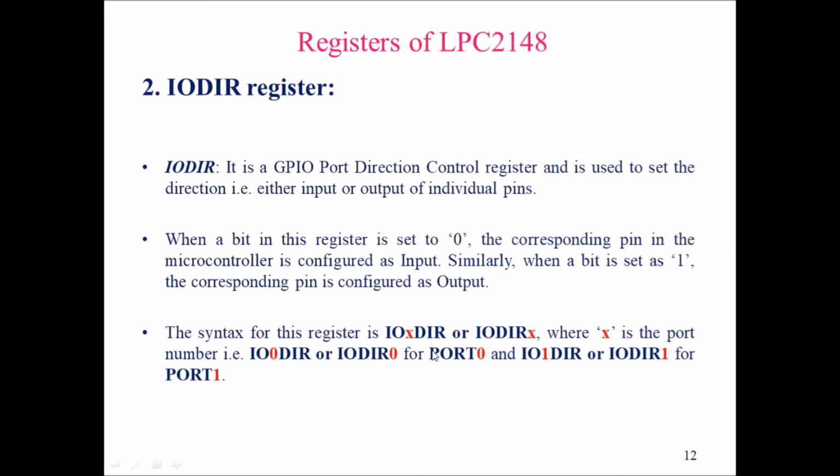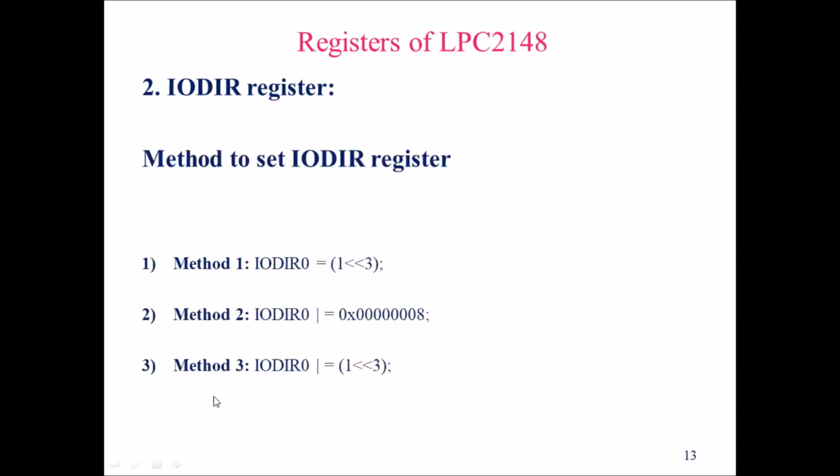If you are executing this instruction for port 0, then X should be 0. Otherwise, if you are executing it for port 1, then X should be 1. So IO1DIR, or you can also represent this as IODIR1, for port 1 pins.